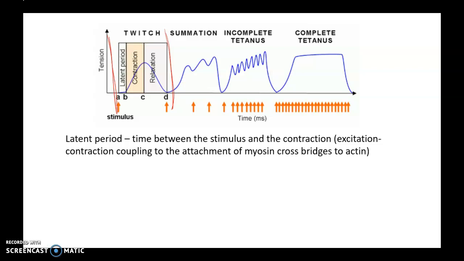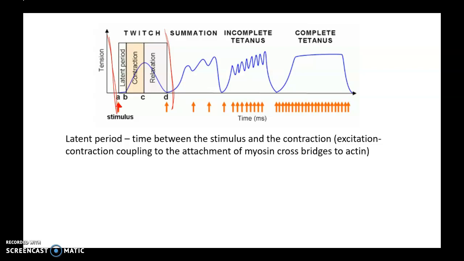Now focusing on the twitch, look where the stimulus is. The stimulus is right here, right? That's a stimulus. Now you have the electrical stimulus first that leads to the muscle contraction. Now do you see a latent period between the stimulus and the actual contraction?